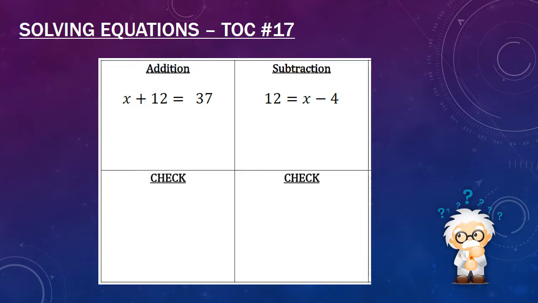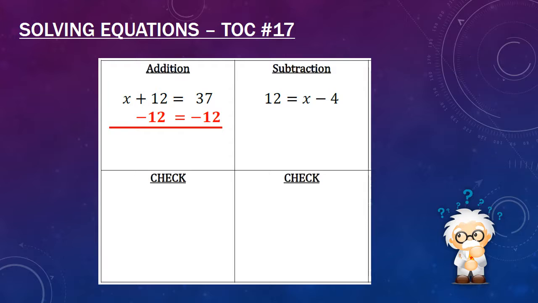So if you see something like x plus 12, the operation that's on the side with the variable is the operation that you're undoing. And since in this case I'm adding 12, in order to undo it, I'm going to subtract 12. That's the inverse operation. So let's go ahead and do that.